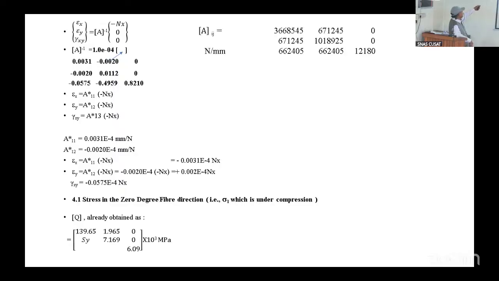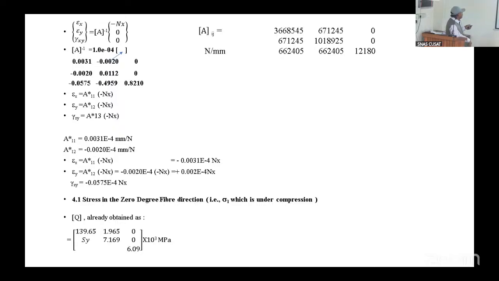Then what is epsilon x? Epsilon is equal to the inverse of this, put in terms of star. We have A 1 1 star, A 2 2 star, and A 1 2 star. So all these values you put here.